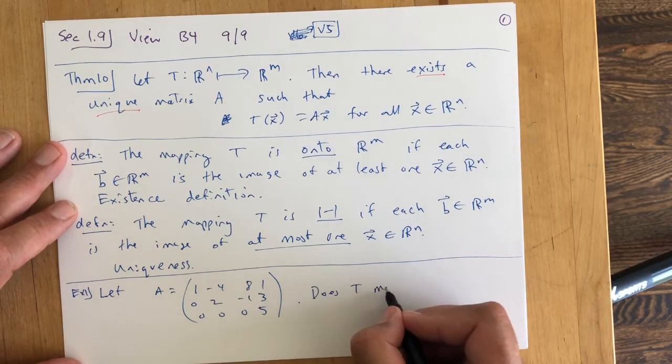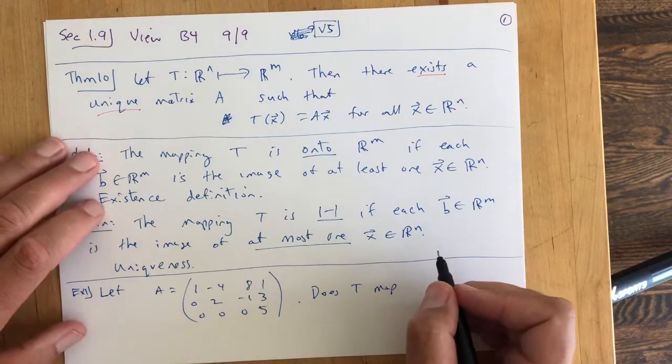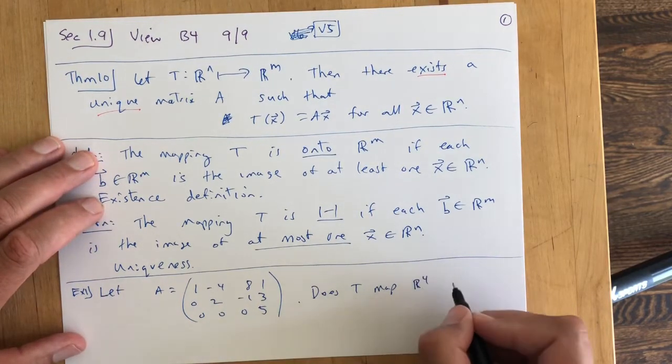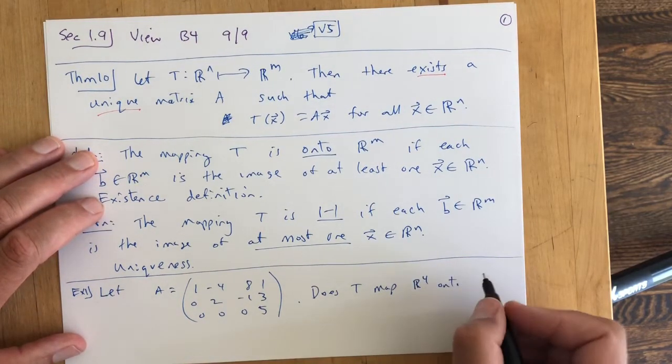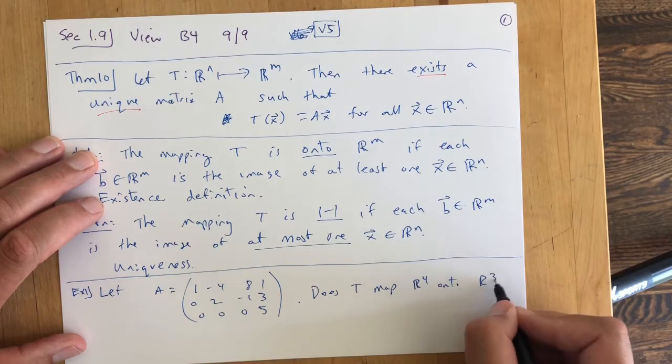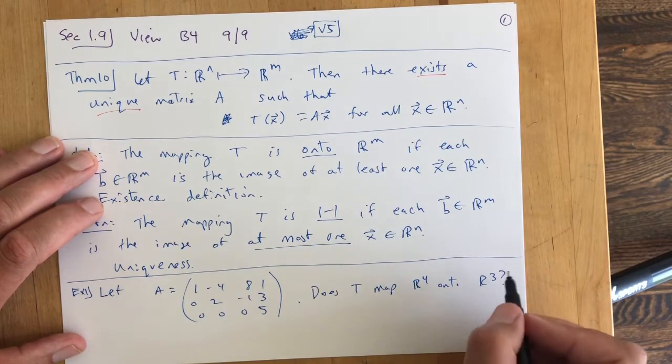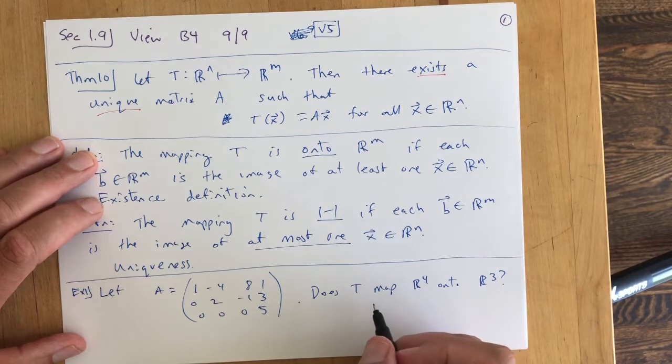Does T map R4 onto R3? That's question 1. And is T one-to-one? That's question 2.